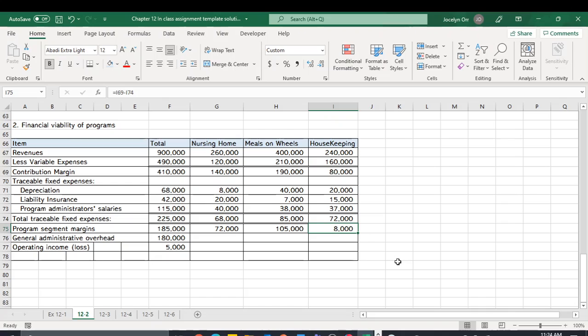It is a common cost that should be deducted from the total program segment margin. Following the format introduced in Chapter 11, which we did not cover, we produced a segmented income statement, but a better income statement would be showing that general and administrative overhead coming off of the total only and not being allocated between the three segments.